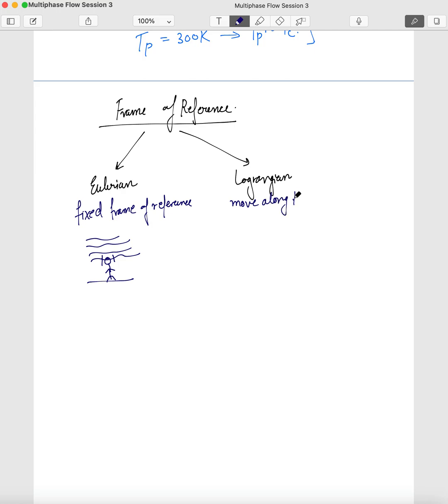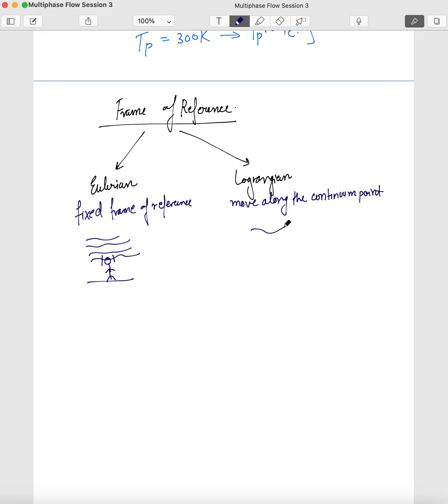you move along the fluid, move along the continuum, or we can call it a continuum point.